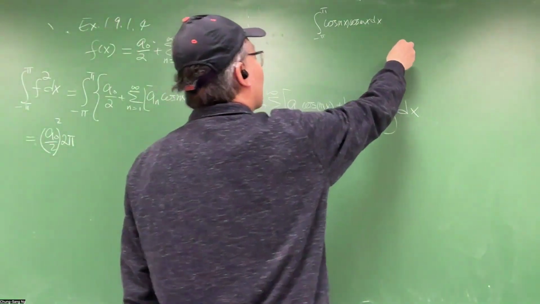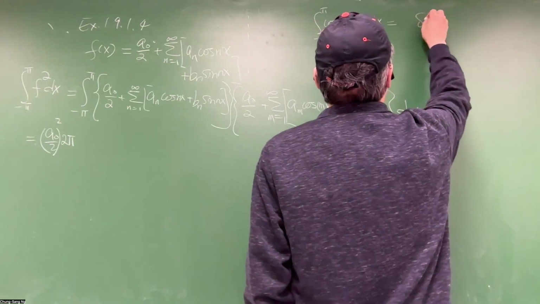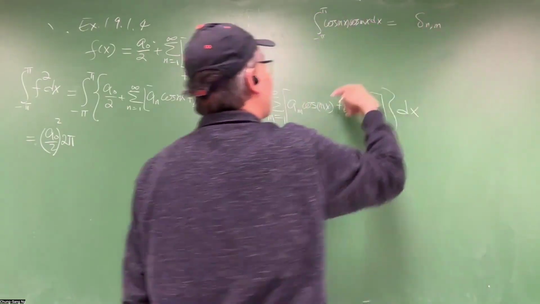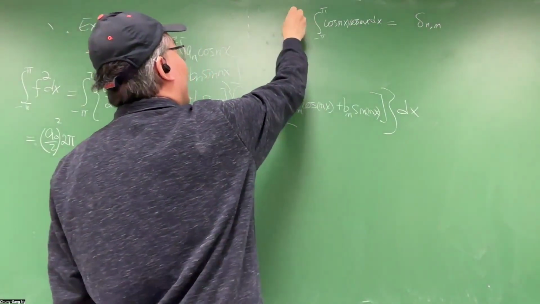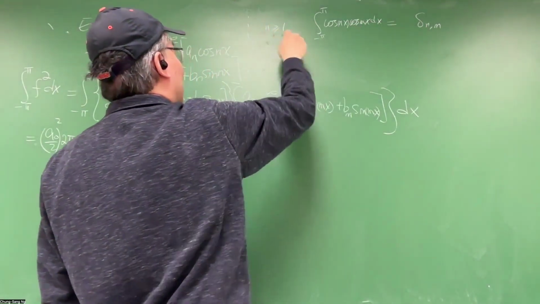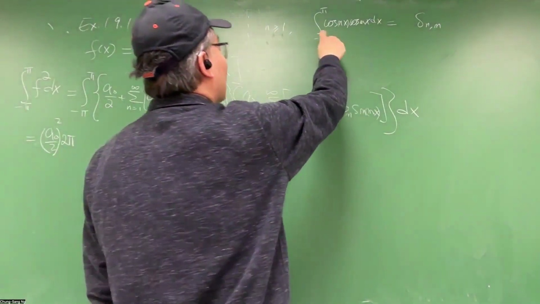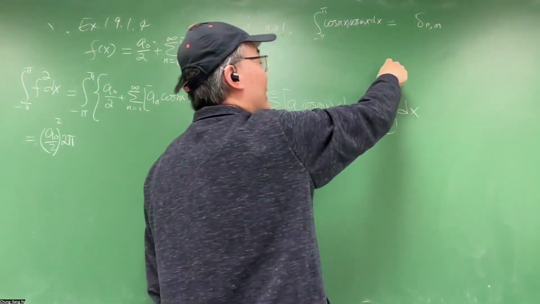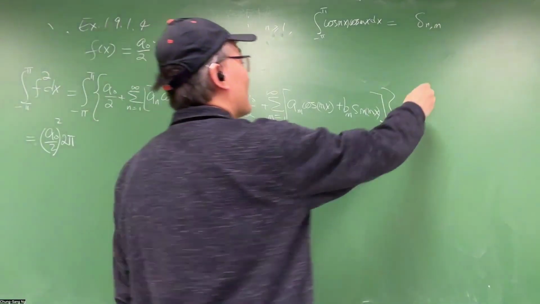So it will be a Kronecker delta of n and m. When n is not equal to m, it will be 0. When n equals m, you get cosine squared. This is for n greater than or equal to 1, so we take the constant term consideration out. When n equals m, you have cosine squared, and averaged over one period, you get 1/2 times the period. So that would be pi.